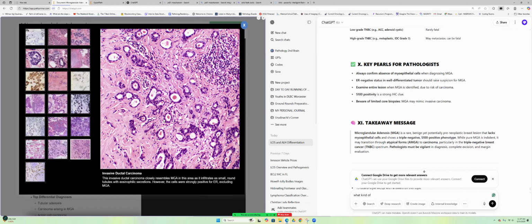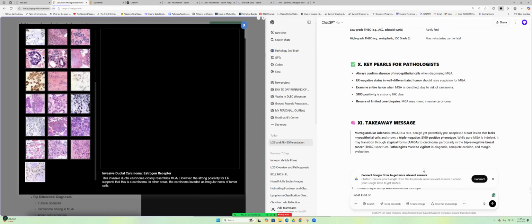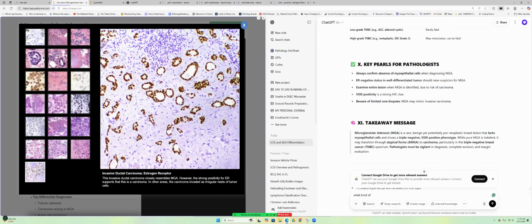Low grade ductal carcinoma will be ER/PR positive. How will I differentiate low grade ductal carcinoma from tubular carcinoma? Well, both of them are EMA positive.